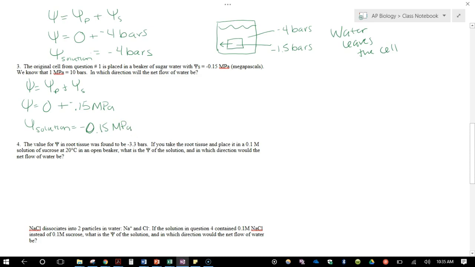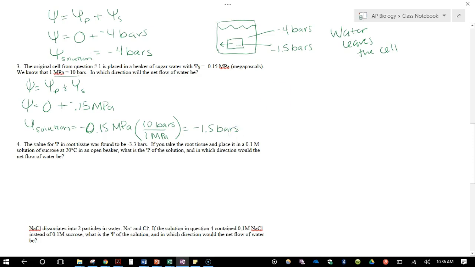To compare this to my original cell, I want to be able to convert, so let's convert this to bars. In order to convert this, you need to use a conversion factor, which you are told: 1 megapascal equals 10 bars. When I do this calculation, I should get negative 1.5 bars for my solution.